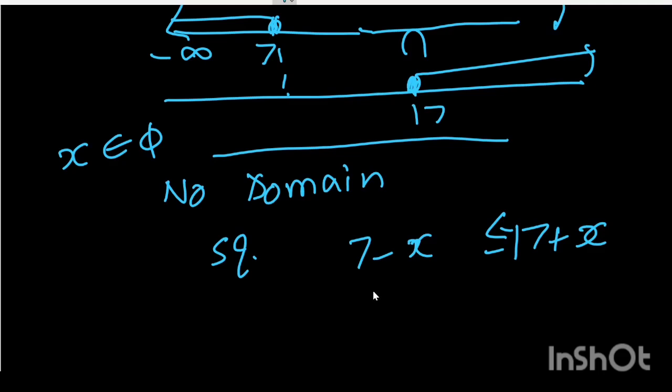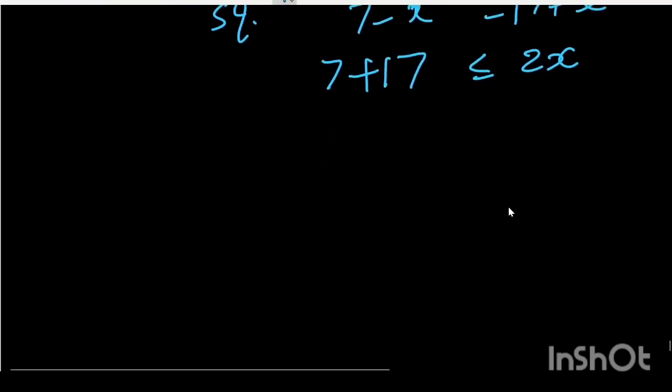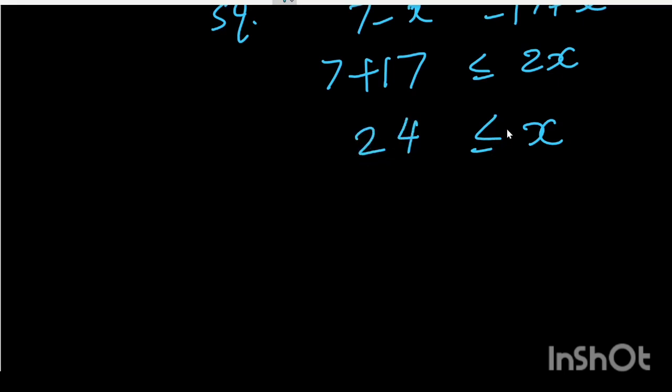Now minus x we will take here, it becomes 2x, and minus 17 will go on this side. So as you can see, you may solve it, because so far you have always solved it. Now divide by 2, you will get x greater than equal to 12.